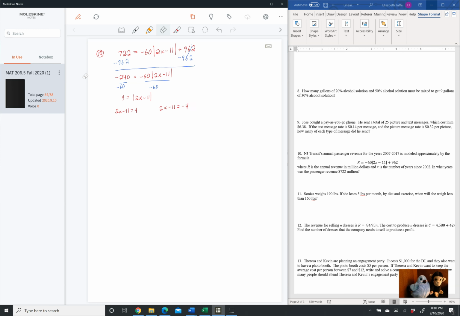Now just in the interest of time, I'm just going to give you your answer here. If we solve this, we get 2x equals 15, or x equals 7.5. Here we get x equals 3.5. So keep in mind that we got two answers here. The answers that we got are the number of years since 2002: 3.5 years since 2002, and 7.5 years since 2002.